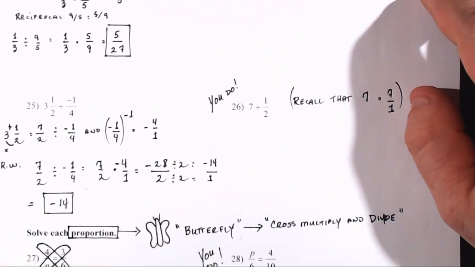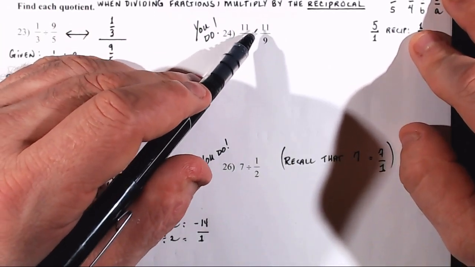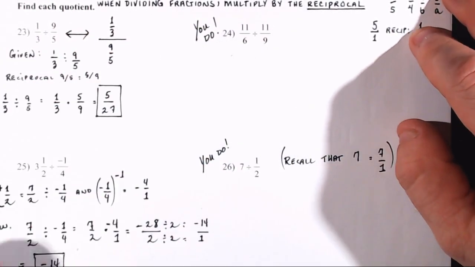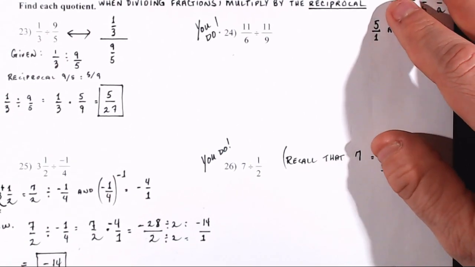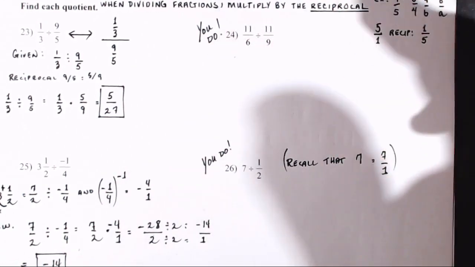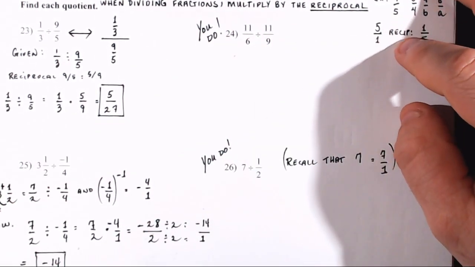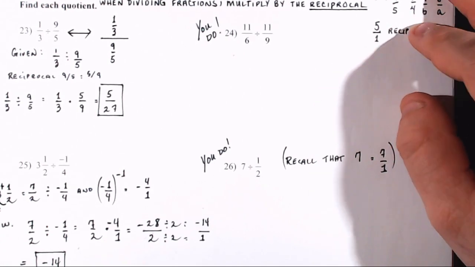but you are left with to do 11/6 divided by 11/9. There's a clever trick there that I hope you see. When you flip 11/9 and you multiply, there's a simplification that can be done that will make your life a lot easier.